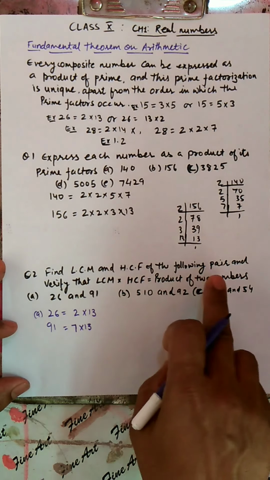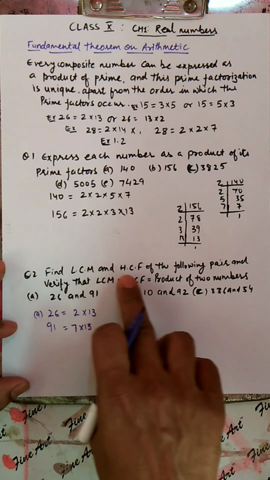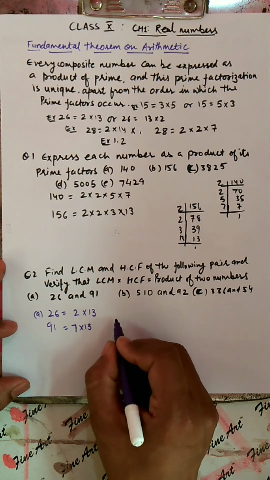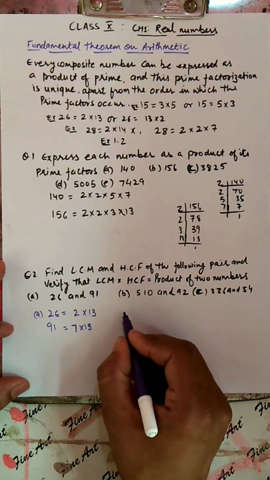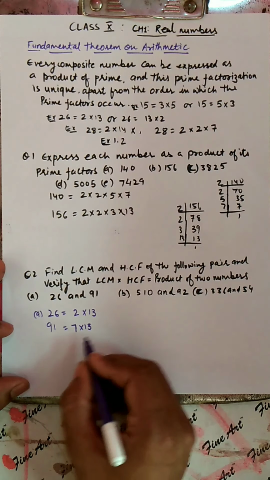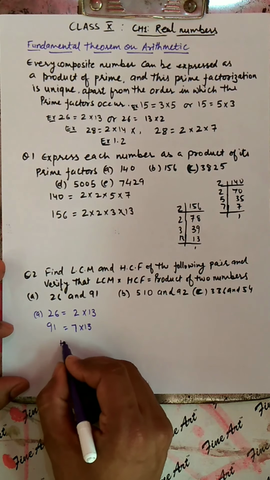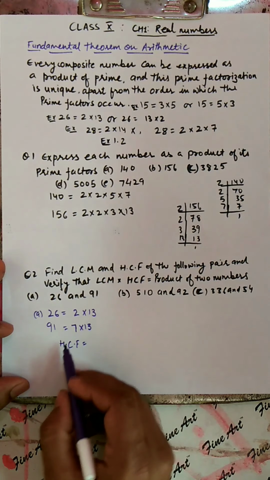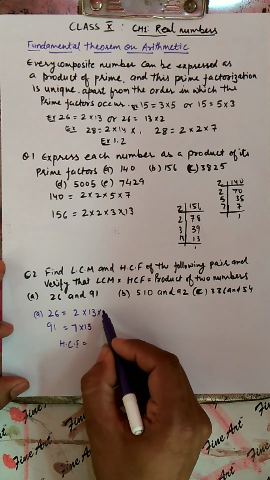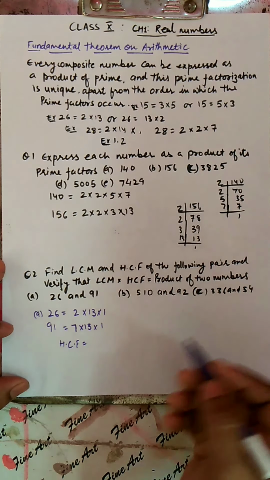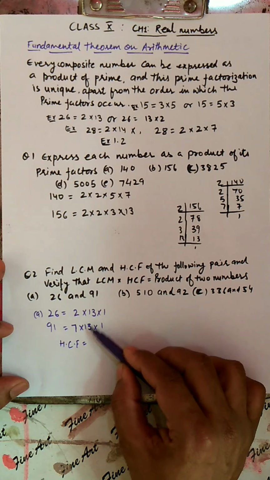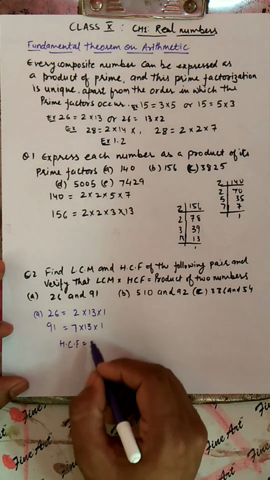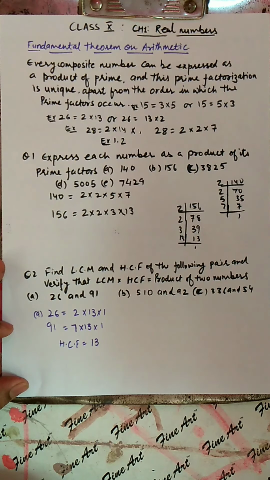Now the question asks to find the LCM and HCF of the pair and verify the result. This time we'll use the prime factorization. To write the HCF, we see only the common factors. 13 is common in both, so the HCF is 13.